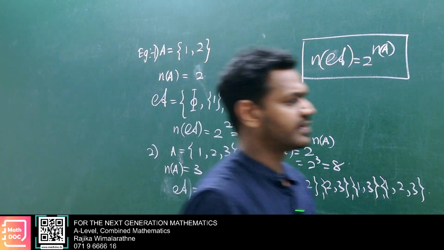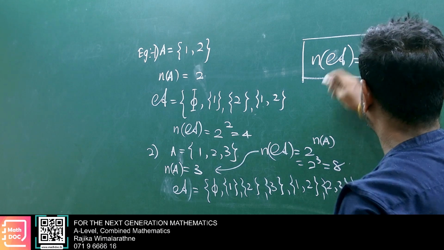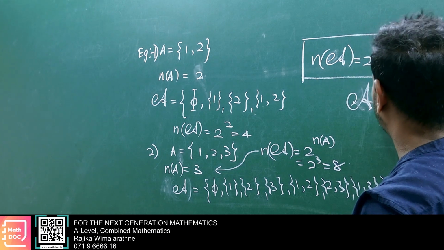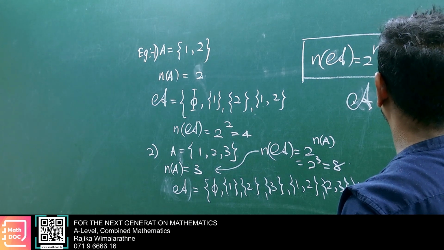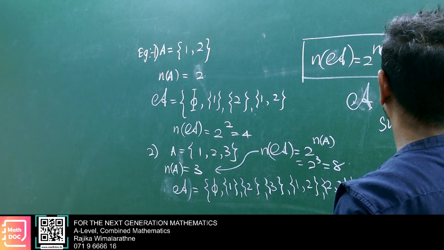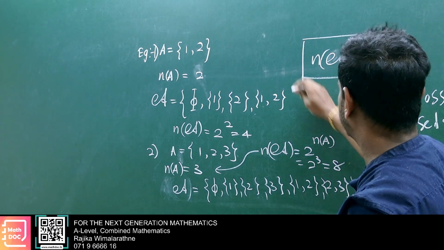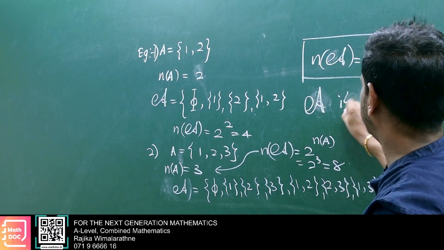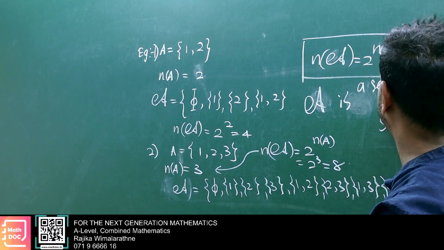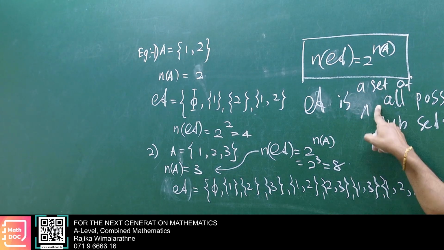Here probability, a very simple question. The power set of A is the set of all possible subsets. The power set of A is a set of all possible subsets.